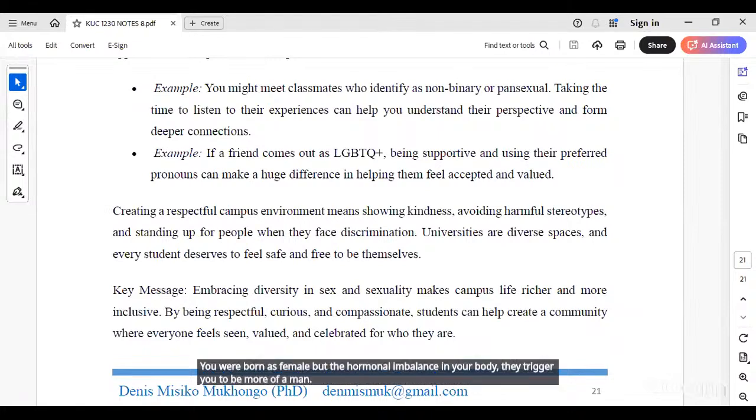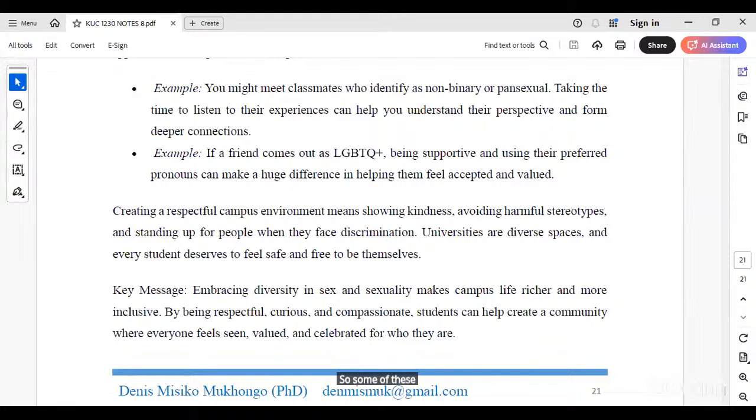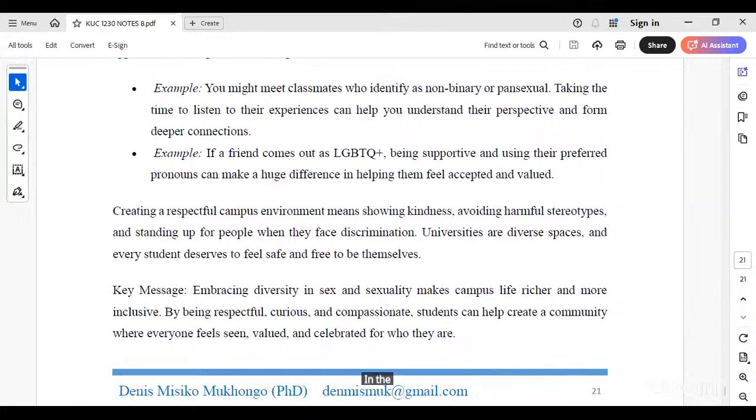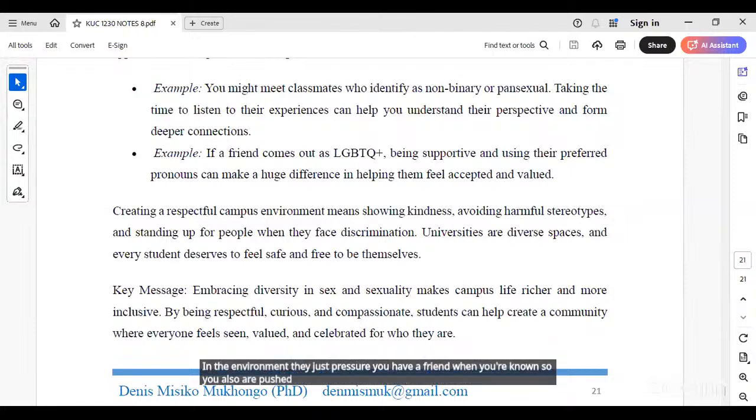So some of these desires are biological, but some of them are also societal. So there's just pressure in the environment. There's just pressure. You have a friend mwenye unaona kwamba anafanya hii, so you also are pushed into doing it. Okay, but some of it's also biological. So the hormones that you have, the levels, the imbalance that comes.